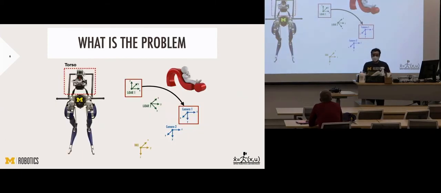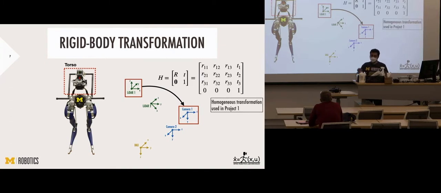So what exactly is the problem, and how do we formulate it? What we want to do is find a transformation that can project the LiDAR points back into the camera frame. How we represent that is a rigid body transformation, which is a rotation matrix and a translation vector, which you guys have used, I think you call it a homogeneous transformation, and you used it in project 1.